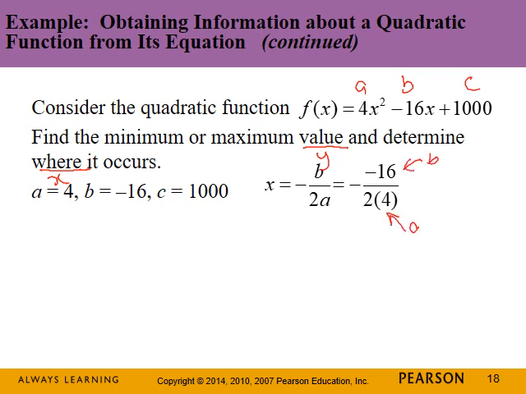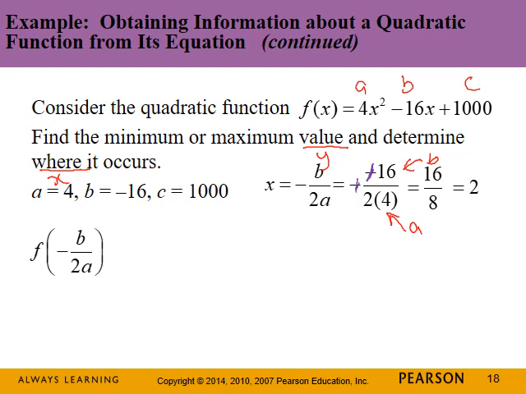Here we substituted 4 for our a. You evaluate it. 2 times 4 is 8. The negatives, this negative and this negative, cancel out and become positive. So now you have 16 divided by 8, which is 2. So your x value is 2, so that is where it occurs.